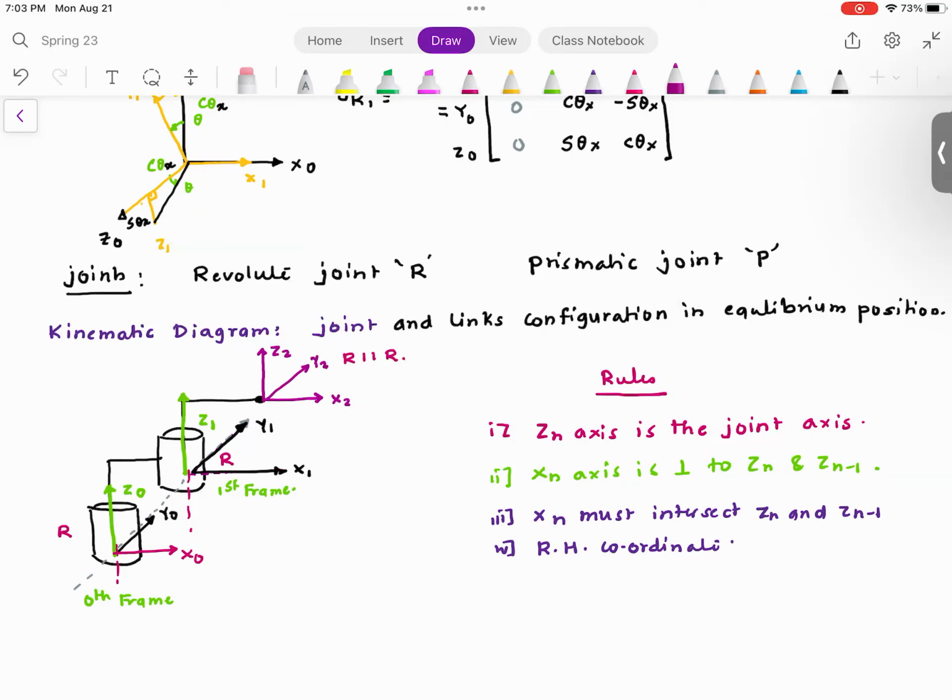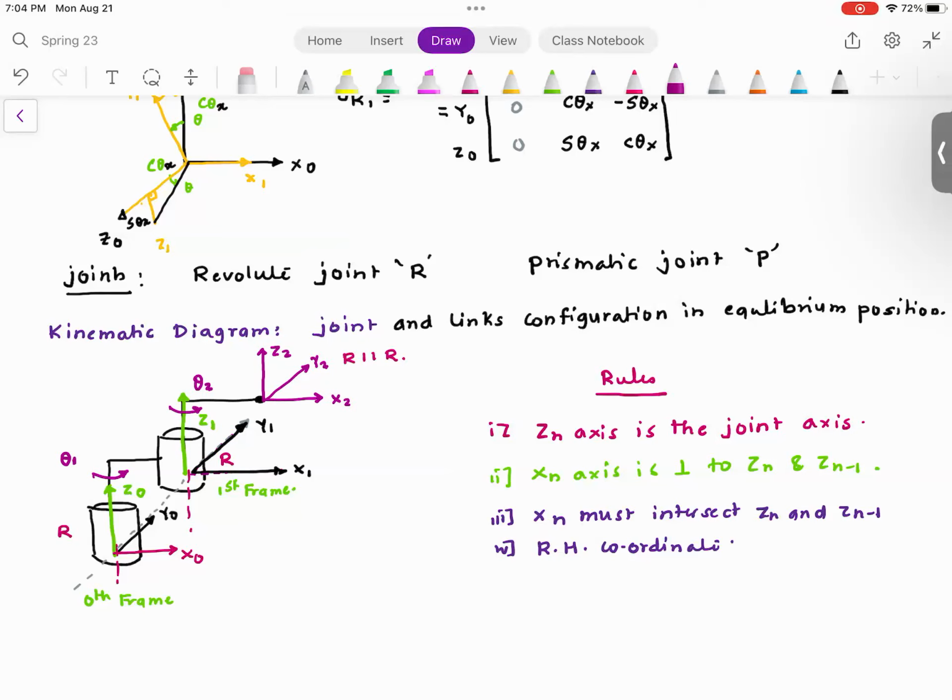Now here comes the fun part. So now look at the joint rotations. I'm going to say theta 1 is the joint rotation here. Theta 2 is the joint rotation here. Because the first revolute joint, and remember, always the joint rotations are in the positive direction. So curl your fingers in the direction of rotation, z0, and my thumb is pointing in the same direction.